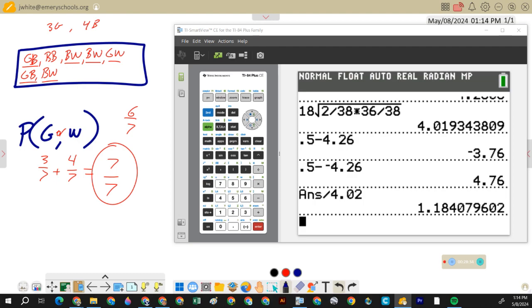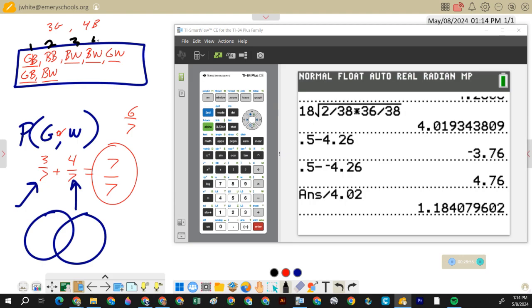Yep, that girl wrestler got counted twice, right? There is one person in here who is a girl and a wrestler. So if I went like this, let's number these. So person 1, 2, 3, 4, 5, 6, and 7. If I say girl and wrestler, person 1 goes in here. Person 2 goes in here.